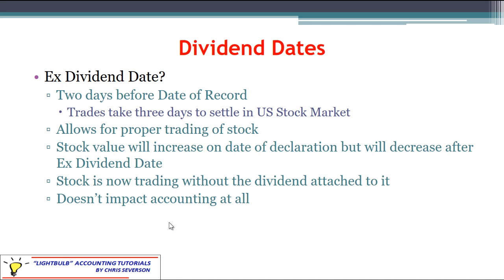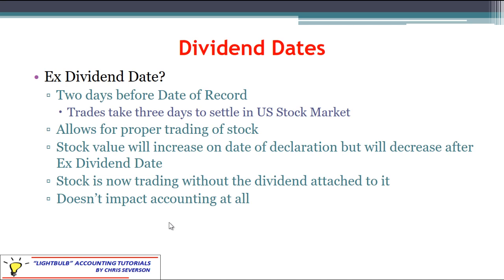So what happens here, we have this date called the ex-dividend date, and this is generally in the United States 2 business days before the date of record. Now what that means is you have to buy this stock by the ex-dividend date, otherwise you're out of luck.